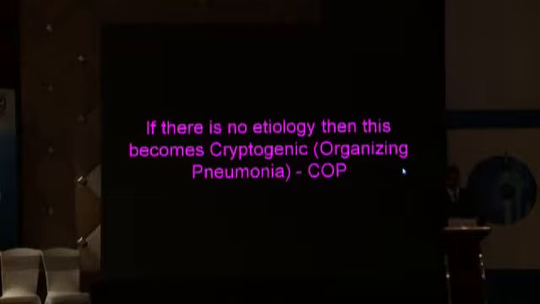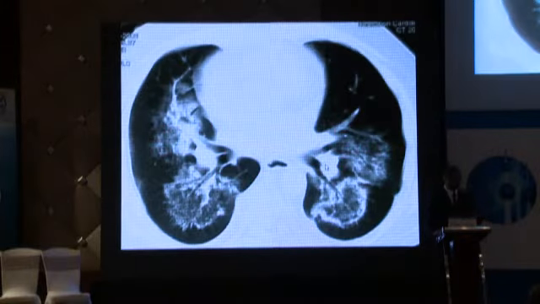If there is no etiology, then it becomes cryptogenic. So the term COP, or cryptogenic organizing pneumonia, is to be used only when the BOOP pattern does not have an etiology. They could have as well called it idiopathic organizing pneumonia, but I don't know why they would want to use synonyms of the same word all the time, but nevertheless, whatever.